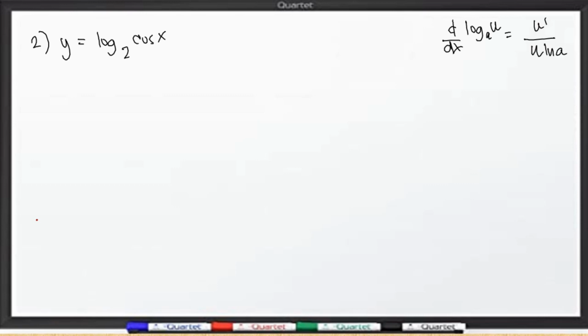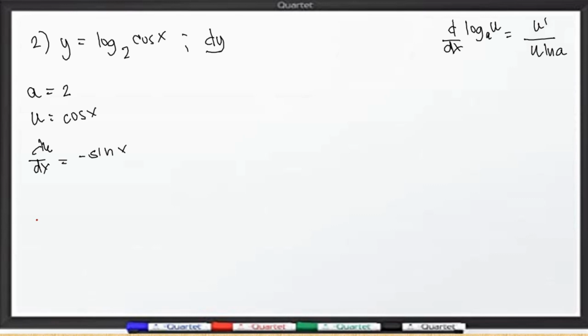Ito pa rin yung working equation natin. So, let us identify first what is a. A is equal to 2. What is u? U is equal to cosine x. What is our du over dx, or the derivative of u with respect to x? Negative sine x.